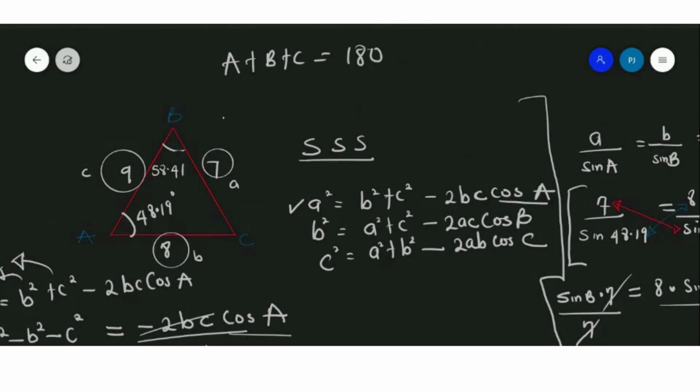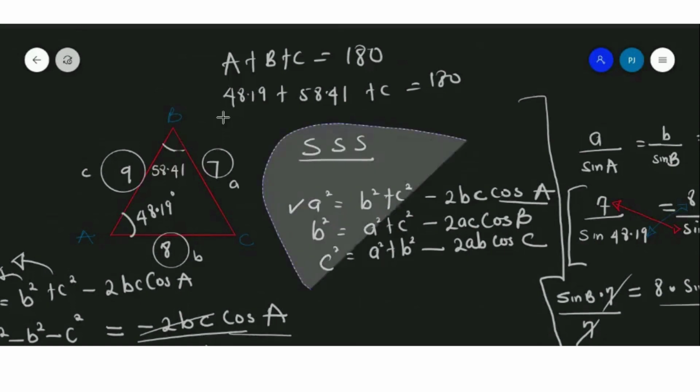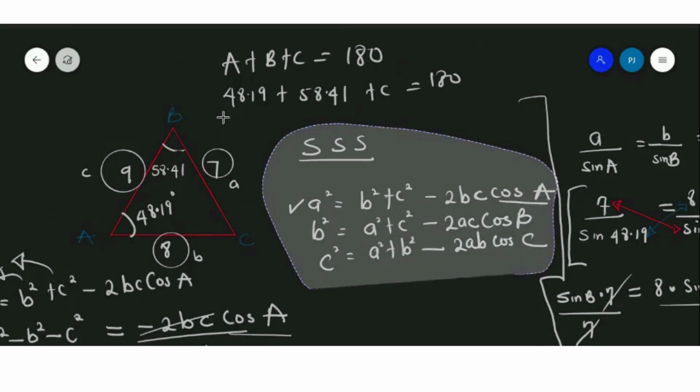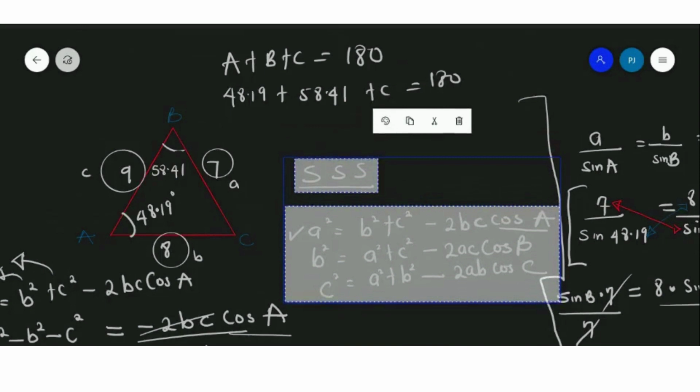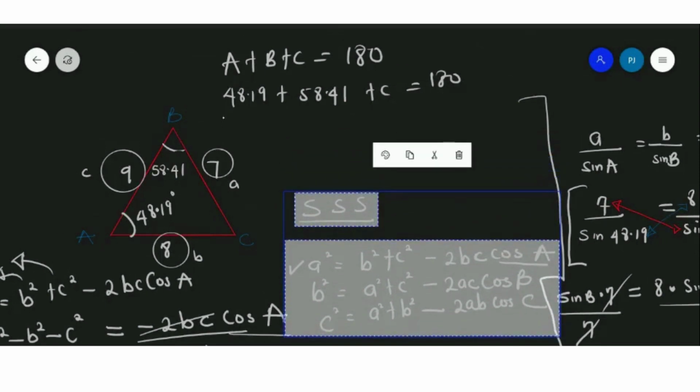We already have our angle for A, which is 48.19, and for B, which is 58.41, but we don't have C. So how do we find C? Let me push this down a little bit so we don't get the process complicated. I'll go ahead and solve this now.